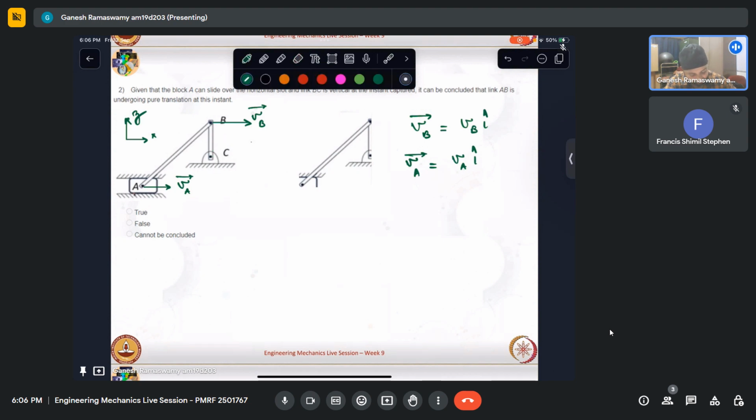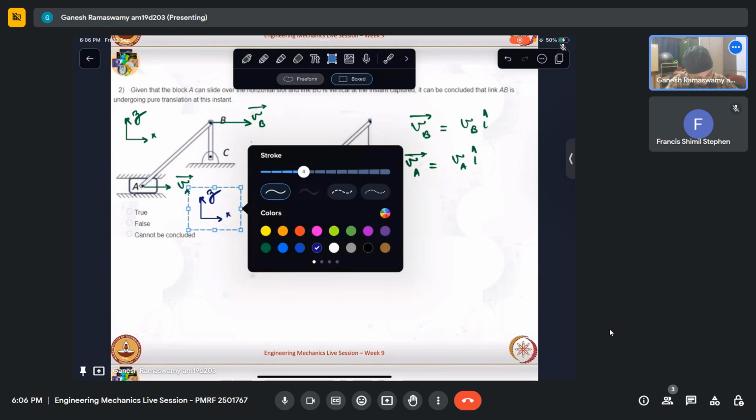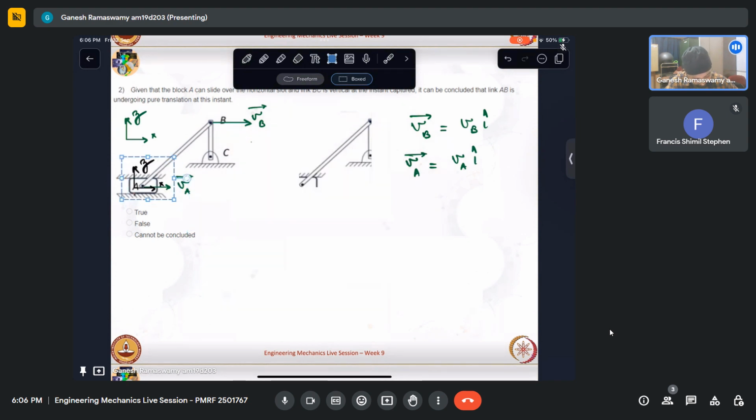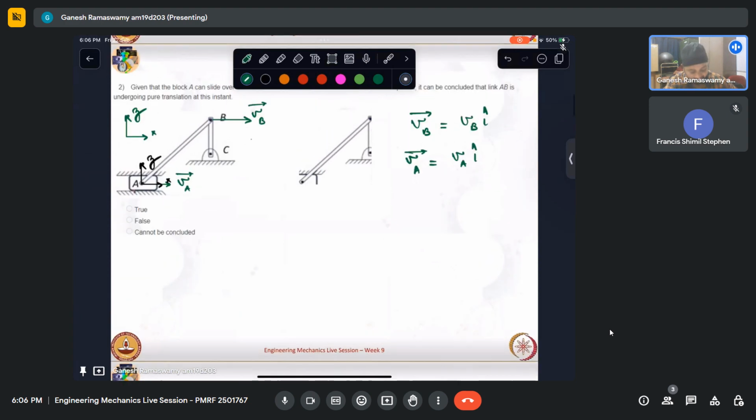From relative motion analysis, I take this non-rotating translating axis and attach it to A. Now let us say that this connecting rod AB has an omega AB.